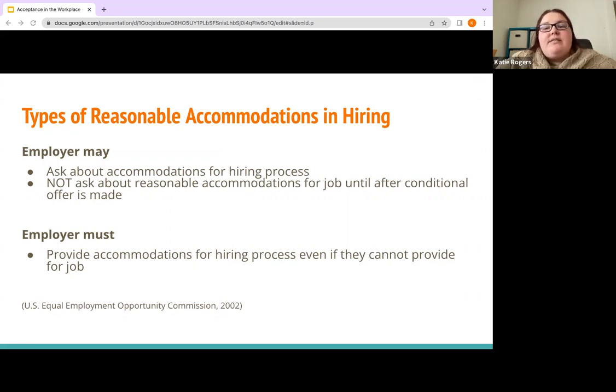So individuals with disabilities who meet the initial requirements to be considered for a job should not be excluded from the application process because the employer speculates or feels like, based on a request for a reasonable accommodation, that they will be unable to provide the individual with the accommodation to perform the job. So even if they feel like they may not be able to accommodate the individual on the job, that doesn't mean that they get to not give them accommodations during the hiring process.